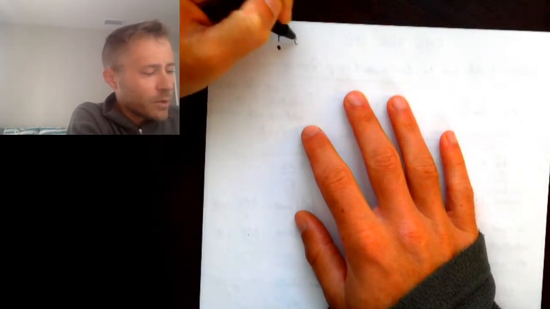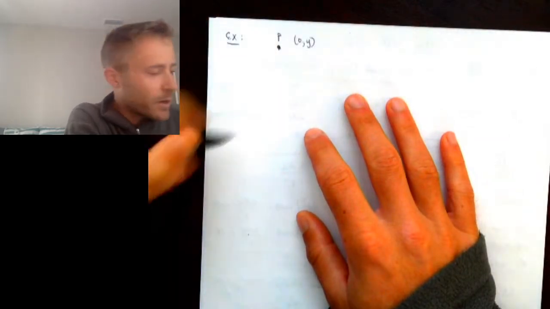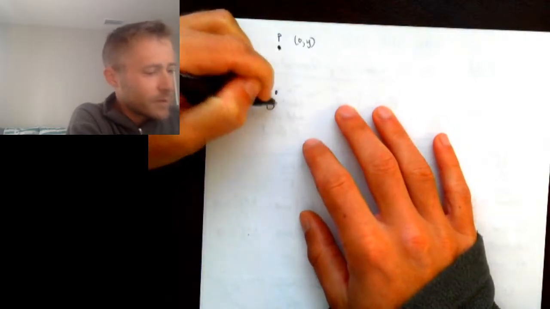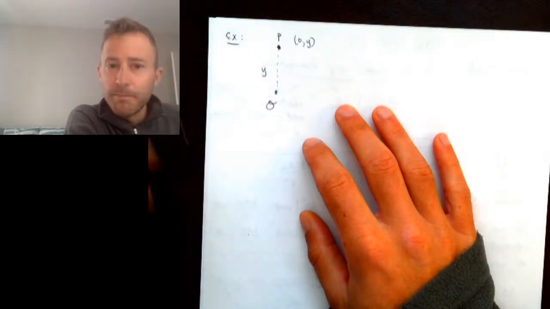It is at coordinate 0, comma, y. Okay, so here's the origin right here. So it's directly above the origin, and this distance is y.